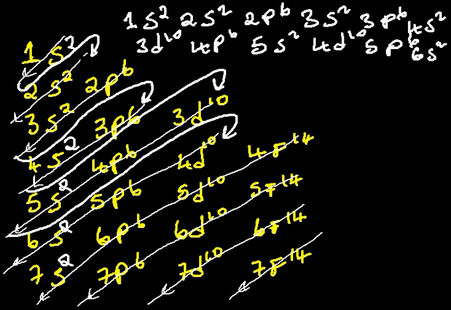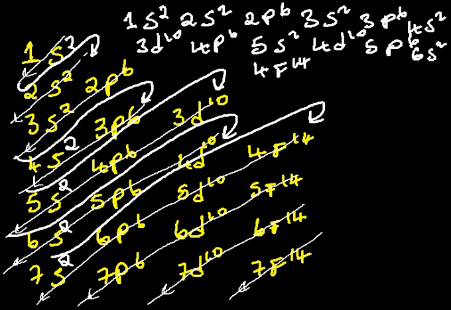So you have 6s2, and what else should we think about? We also enter again here, where we can have 4f14. You have 5d10, and 6p6 should be that.